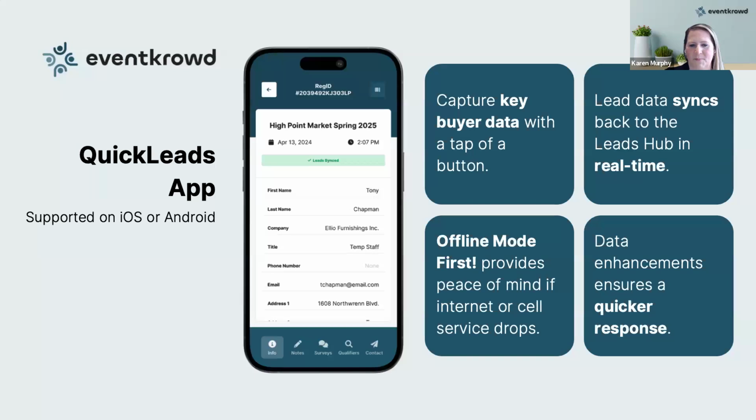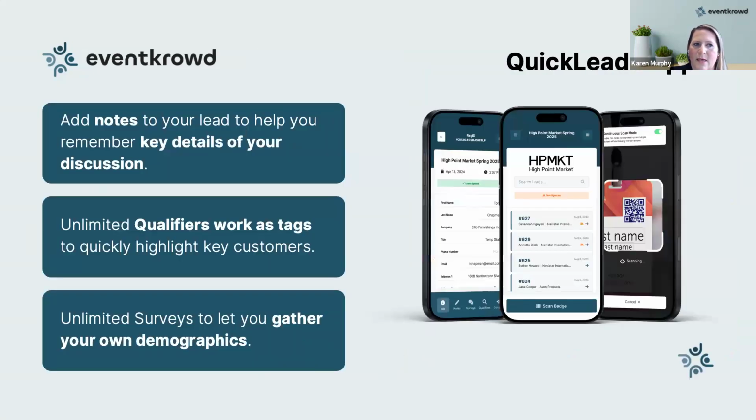So the QuickLeads app, like I mentioned, has quite a few little tools that help capture that data for you. You'll notice you have features such as adding notes. This is a great thing to utilize if you want to add some key discussion details.